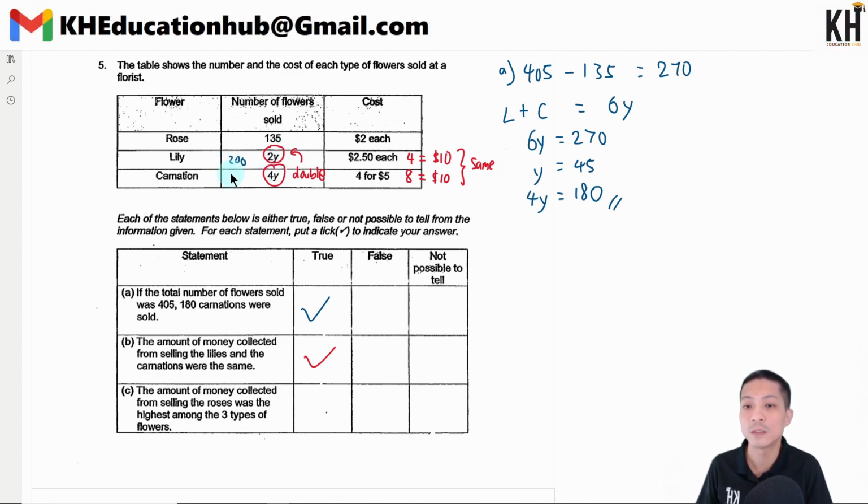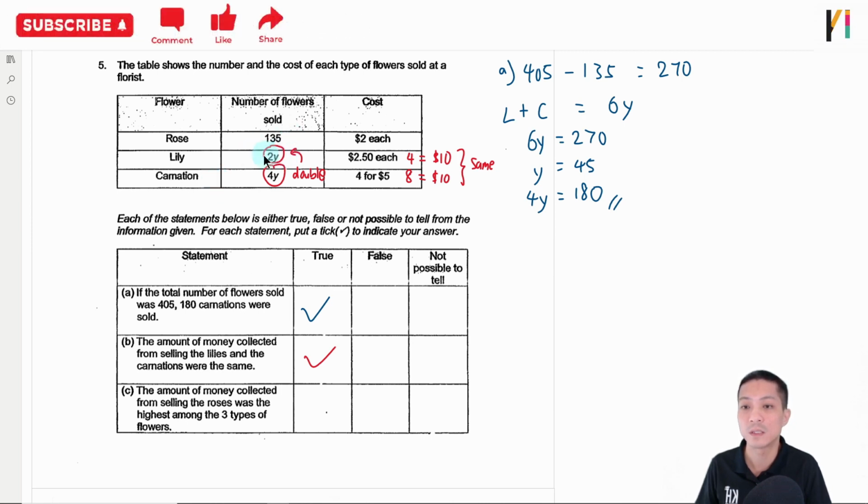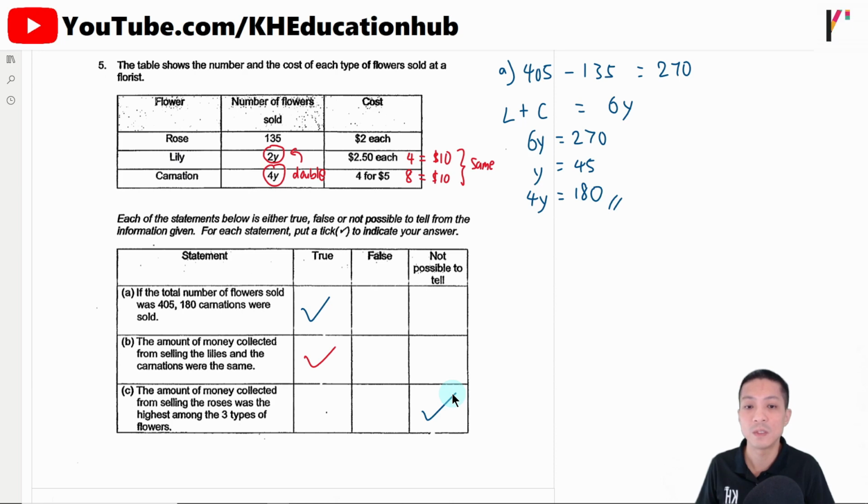This can be 200, 400, or it can be a much bigger number. It can be 2,000 and 4,000. And it can even go bigger. So we do not know the number of flowers sold for lily and carnation. So in this case, it is not possible to tell for C.